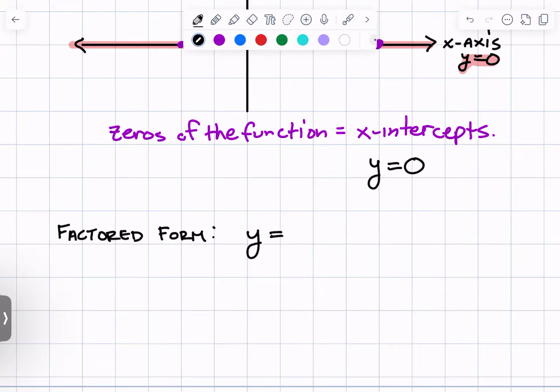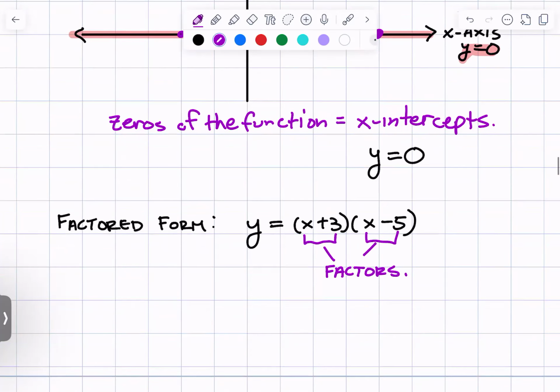Y is equal to (x plus 3) times (x minus 5). Okay? Each of these guys here are called factors.